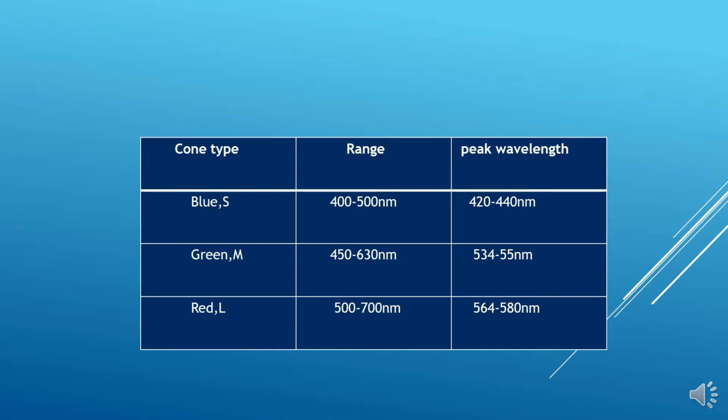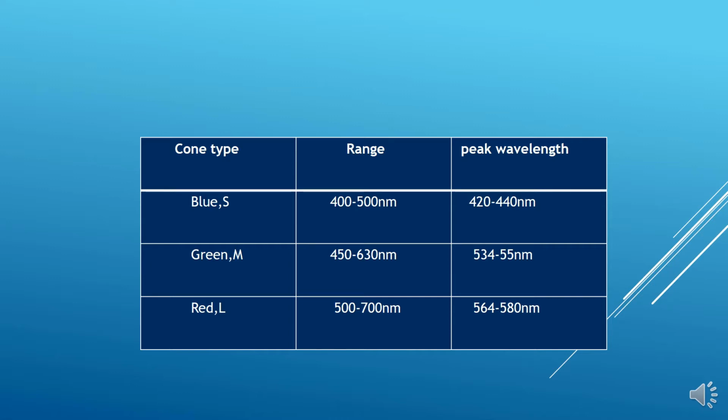Suppose an orange light which has a wavelength of 580 nanometer is stimulating the eye. So here your red cones are stimulated to the stimulus value of 99. So 99% of peak stimulation at optimum wavelength.